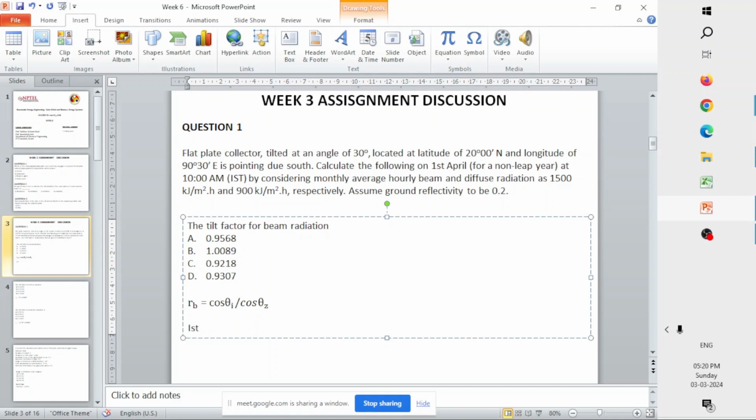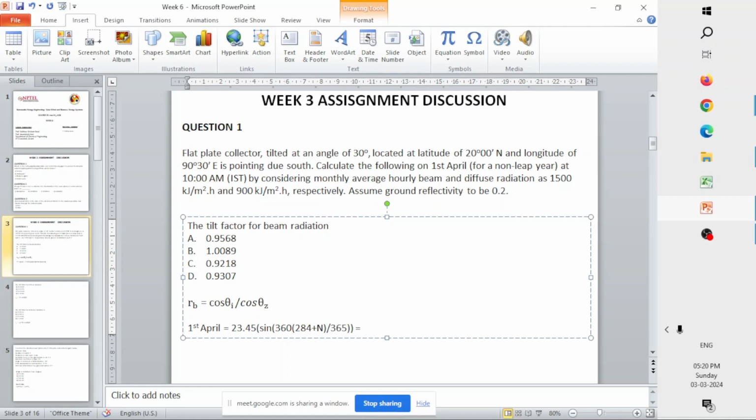So for 1st April, your declination angle will be 23.45 times sine of 360 into 284 plus n divided by 365.